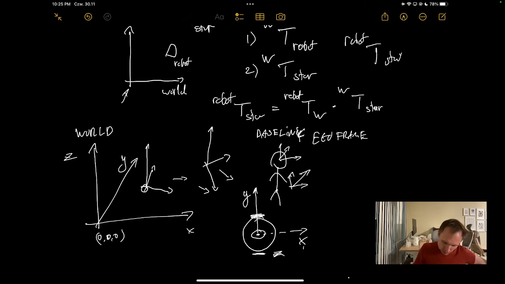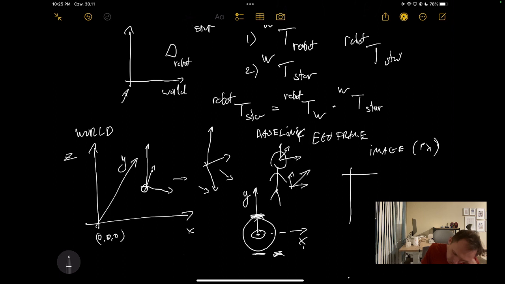And then another thing is the camera and the image frame, right? I will make sure to come back to this and be really careful about it. If you take an image, especially a pixelated image, then it's conventional to count pixels.